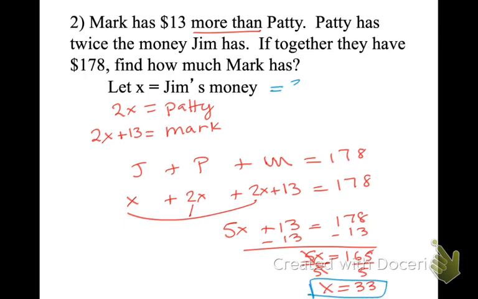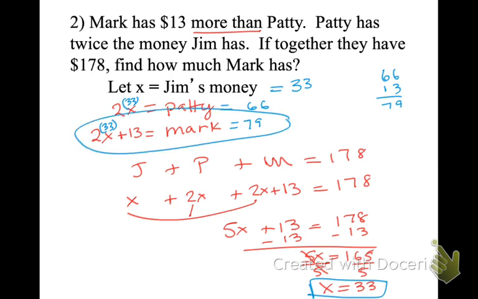Now, guys, we just found how much Jim has because we found x, right? So if Jim is 33, then 2 times 33, right, would be 66. And this will be 2 times 33 plus 13. That's 66 and 13. That's $79. So now the question is, we always go back to it and say, how much Mark has?